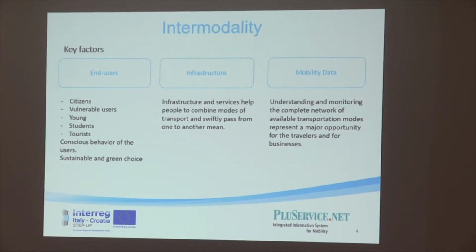Understanding and monitoring the complete network of available transportation modes represents a great opportunity for travelers and for businesses. We have to consider that mobility data are the base to build the other mobility services necessary to improve the quality of transport.